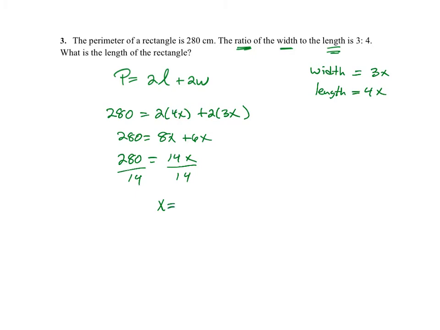So x equals 20. But it's asking me to find the length of the rectangle, so I'm going to substitute this 20 in 4x. So my length equals 4 times 20 equals 80 centimeters. Now it's important to include the units, so we have a unit stated in the problem.